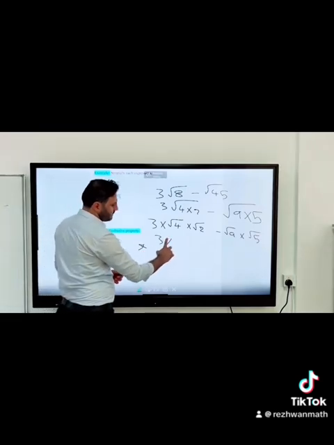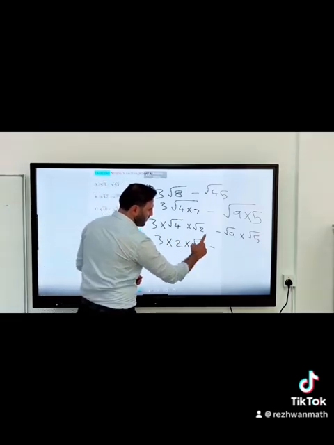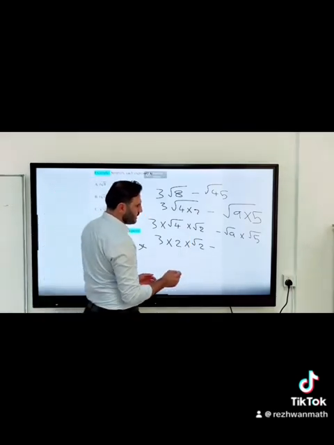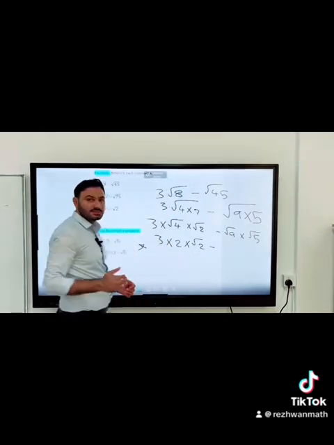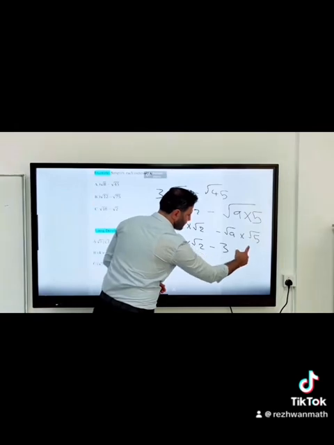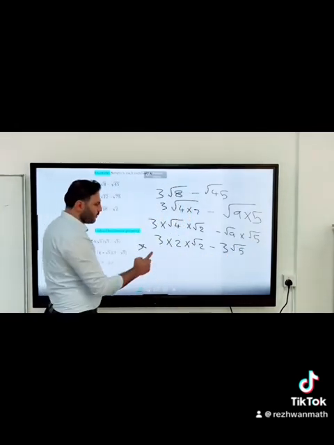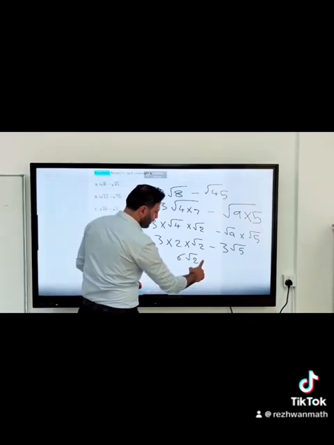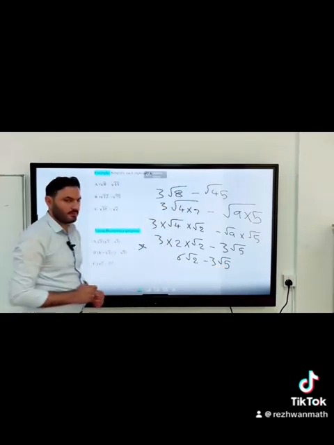So we can write 3 times 2 times square root 2. Because 2 is not a perfect square, we cannot find the square root of 2 directly. And because 9 is a perfect square, we can find the square root of 9. The square root of 9 is 3. So 3 times square root 5. Now, 3 times 2, we get 6 square root 2 minus 3 square root 5.